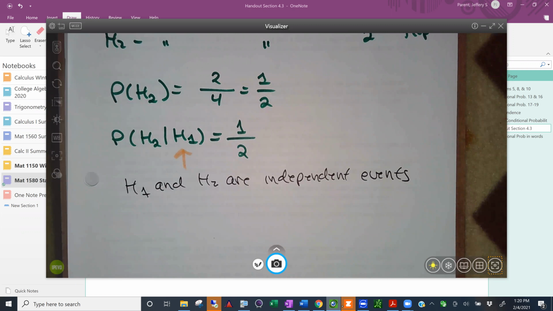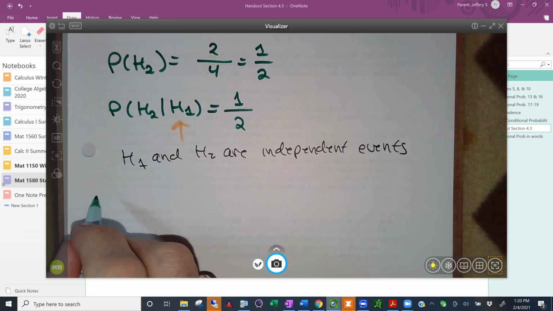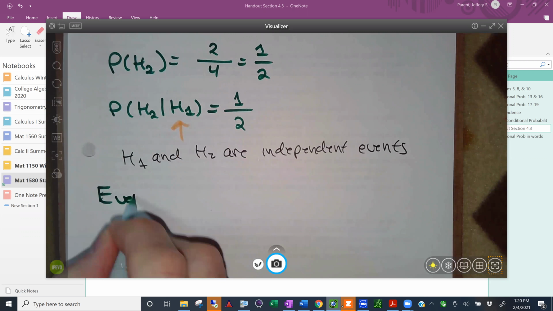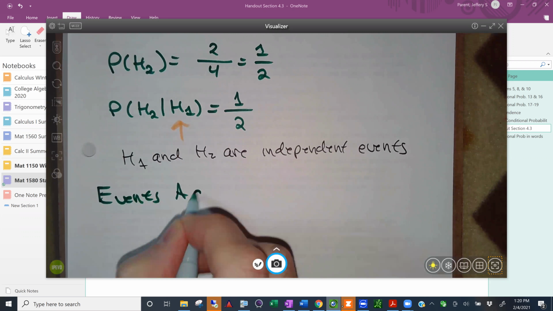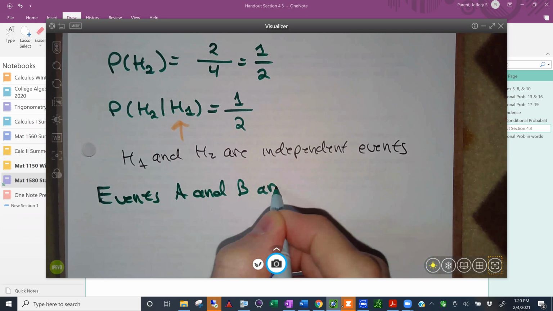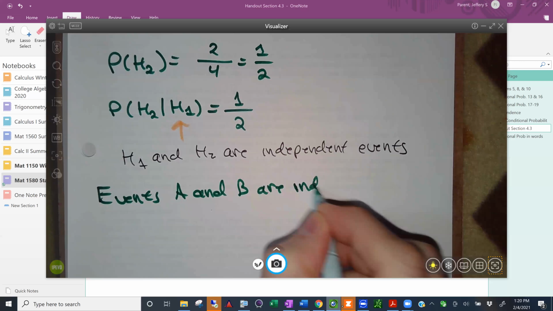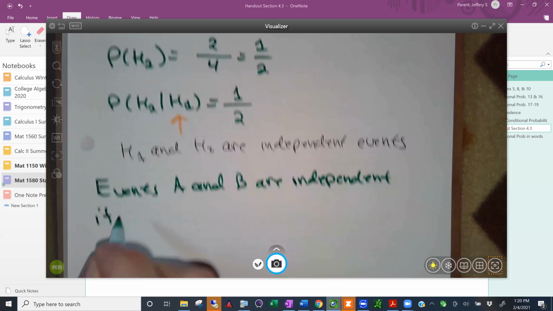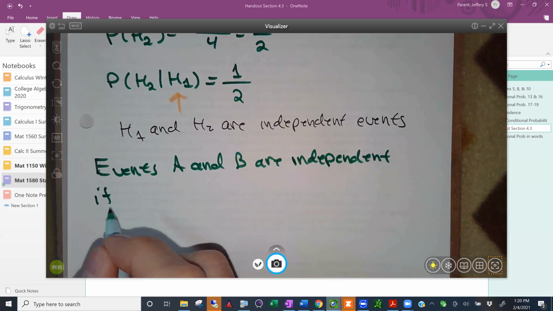Quick question. How do you know when they're independent or not? It's a great question. Let me see if I can answer with probabilities. Events A and B are independent if, and I'll give you two definitions.